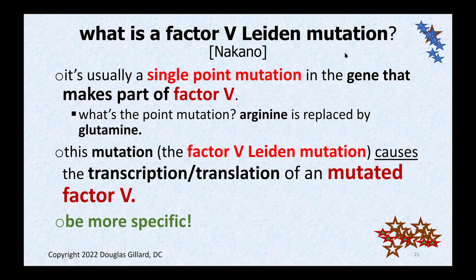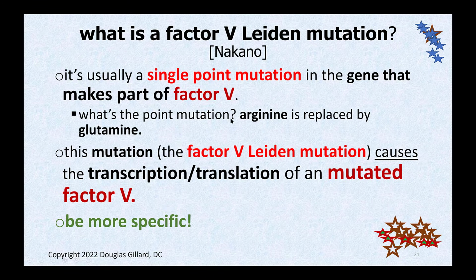So what is the deal? Let's talk more about this factor V Leiden mutation. It's usually a single point mutation on the gene. I used to have the gene information. We won't worry about the gene. We'll just call it one of the genes on one of the chromosomes that makes factor V. So a point mutation, specifically, means that an arginine is replaced by glutamic acid or glutamine, whichever you want to call that.